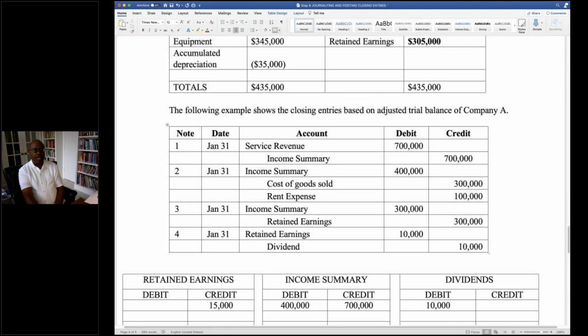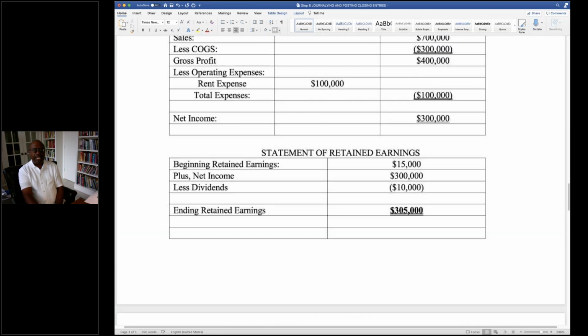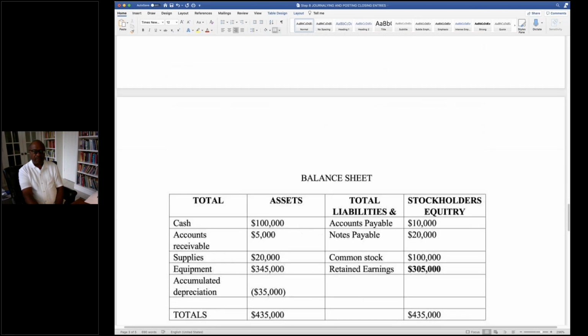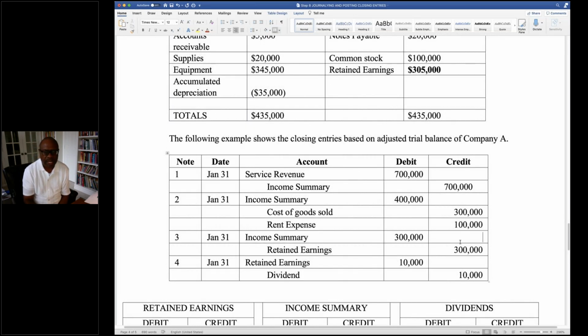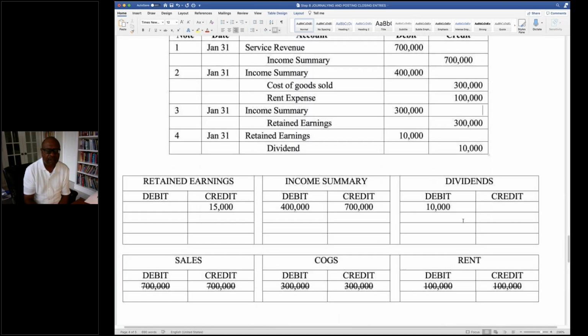It would have come off of the income statement. So we debit income summary and credit retained earnings for $300,000. When we do the posting, we debit income summary for $300,000 and credit retained earnings for $300,000.